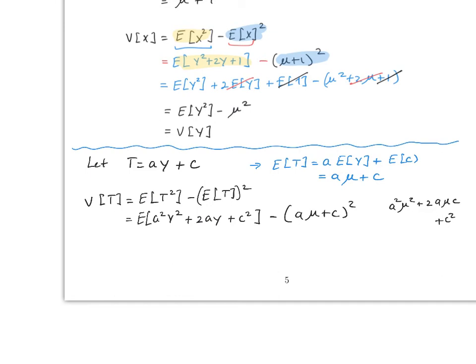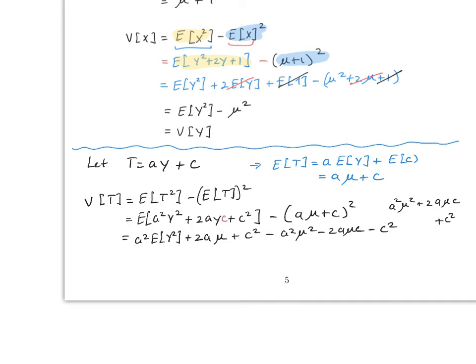So this is very similar to what we did before. This will be a squared times the expected value of y squared, plus 2ac mu plus c squared, and then minus a squared mu squared minus 2a mu c minus c squared.